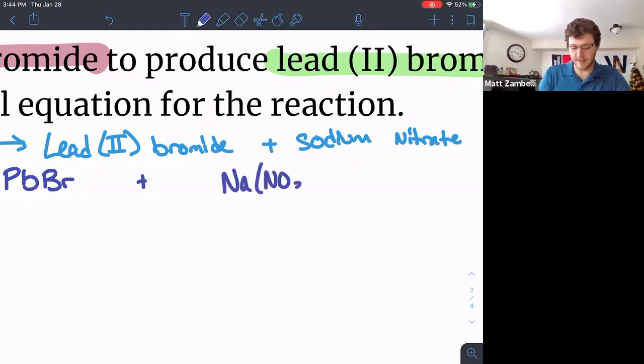We can put NO3 in parentheses, but if you don't want to put the parentheses there, you don't have to. It is up to you, but either way, it is right.